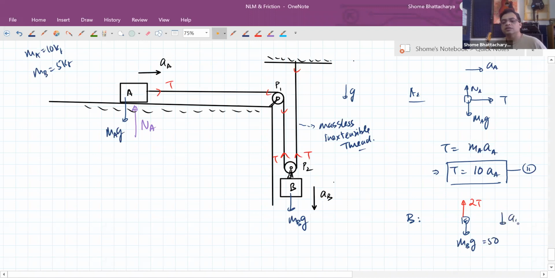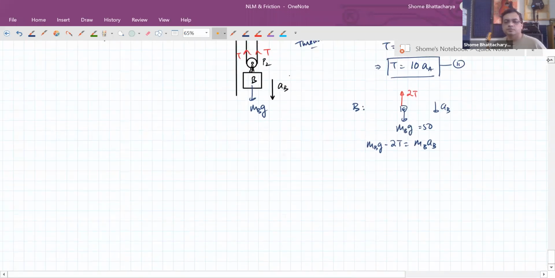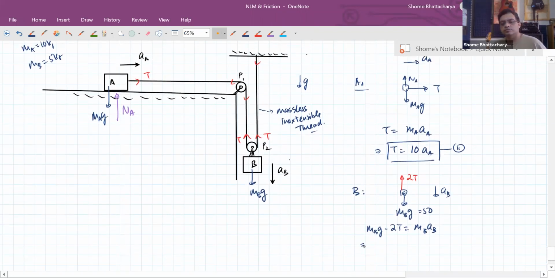It has an acceleration of a_B downwards. So for B, we'll have the equation weight minus 2T is equal to mass into acceleration. This equation now becomes 50 minus 2T is equal to 5 a_B. So this is our third equation.